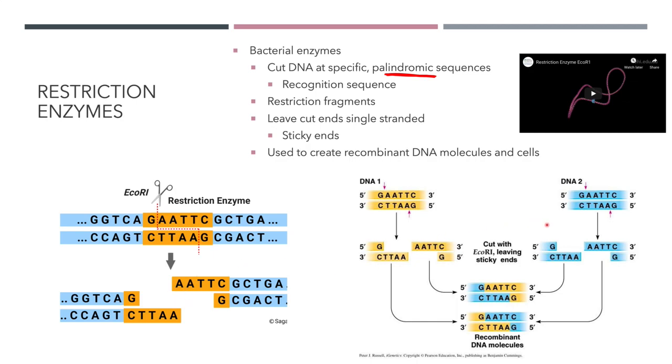If I have DNA from another organism, for example, over here on the right, we have DNA source number 1 and DNA source number 2. If I cut both sources of DNA from two different organisms, two different cells, and I cut them both with the same restriction enzyme, I'm left with these sticky ends that will be complementary to each other.